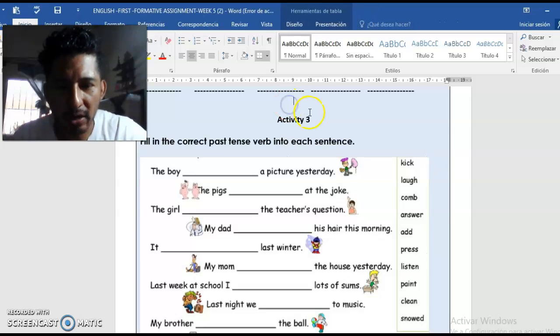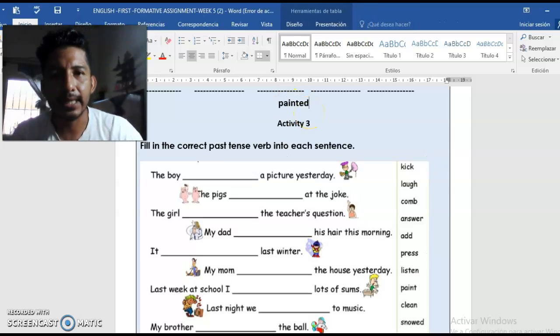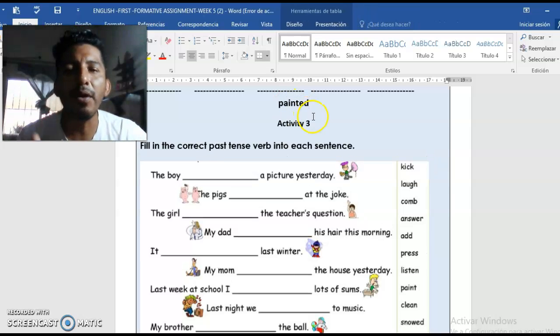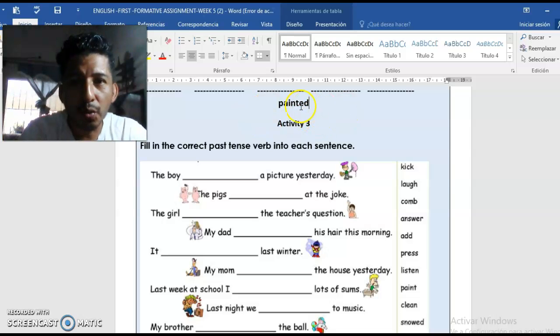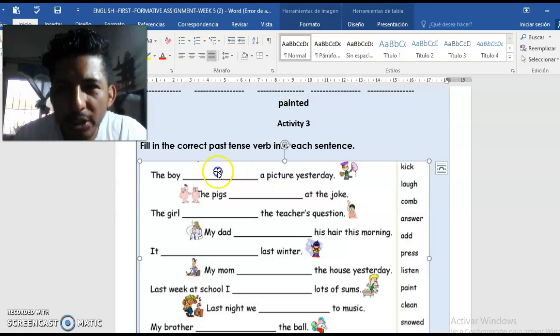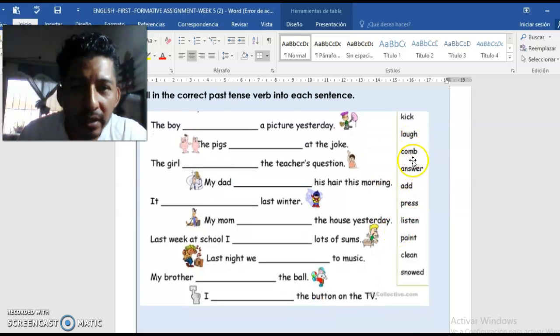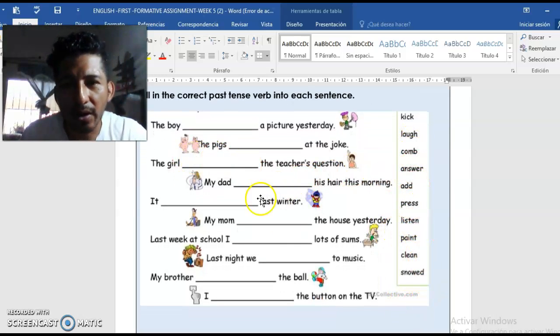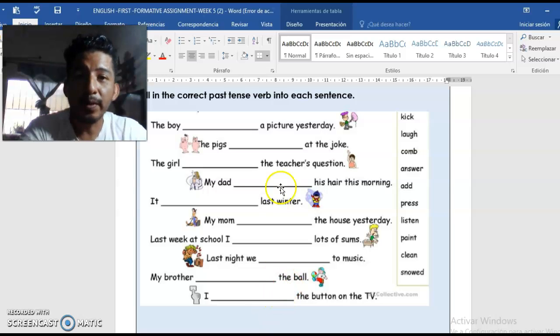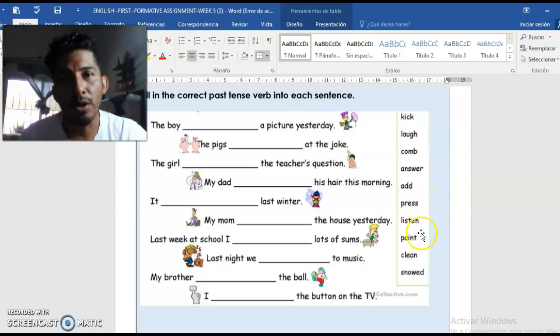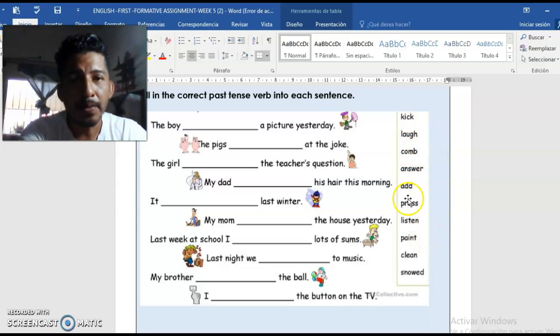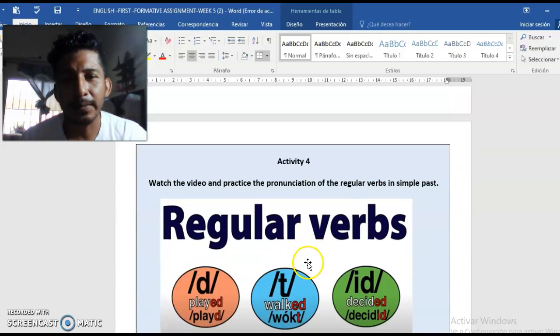You have to write there painted, because that verb is in past simple. Then you continue doing everything. All the answers are going to be according to the picture, but don't forget to put the verb in past simple. No se olvide poner el verbo que está aquí en pasado simple.